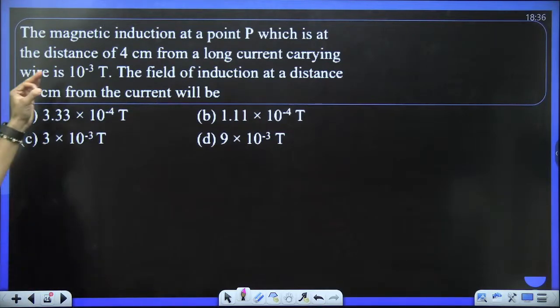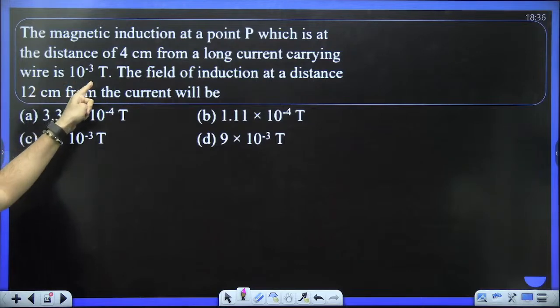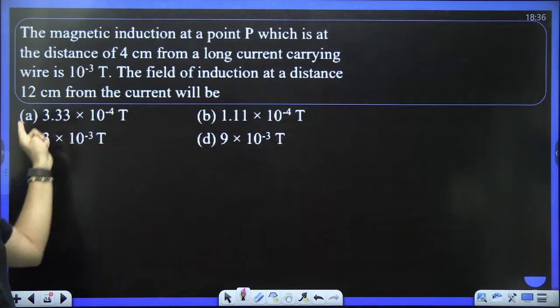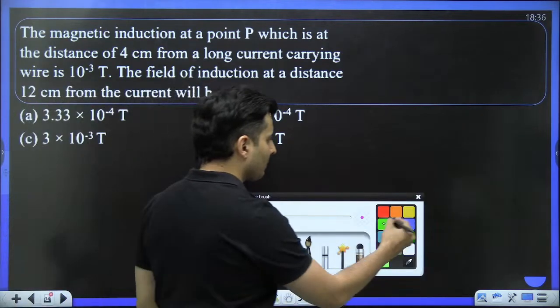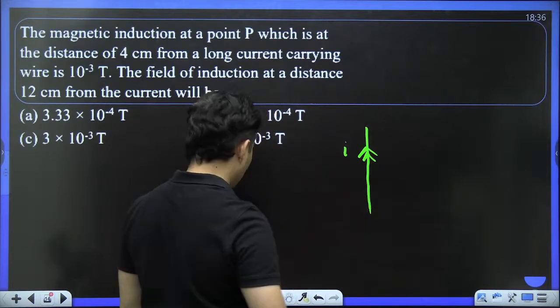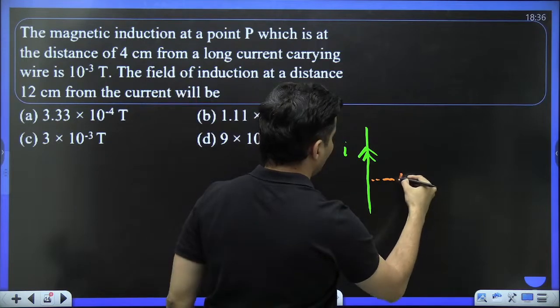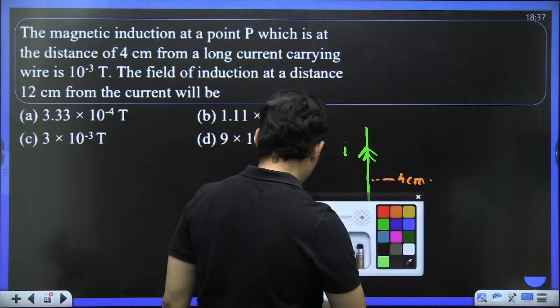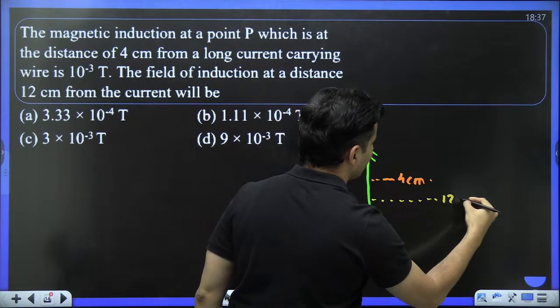Look at this. The magnetic field at a point which is 4 centimeters from a wire is this much. Then what is the field at a distance of 12 centimeters from that same wire? So imagine you have a wire which carries some current. In the first situation, you are at a distance of 4 centimeters. In the second situation, you are at 12 centimeters.